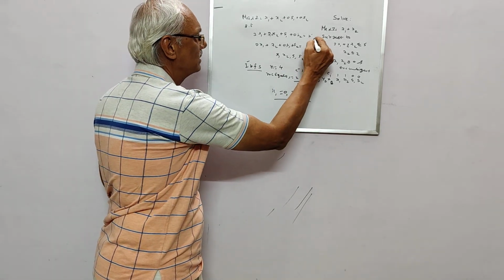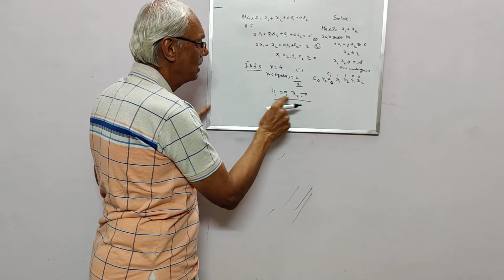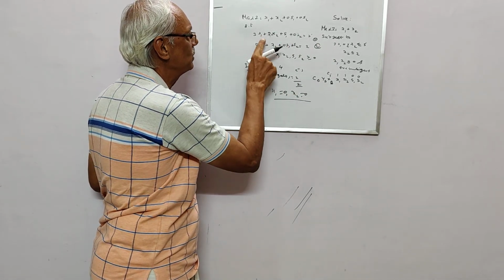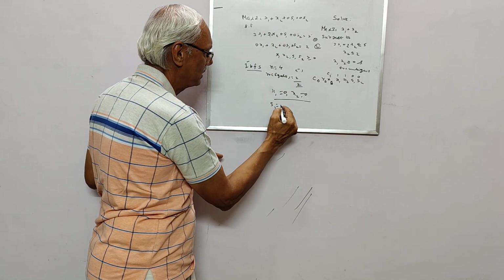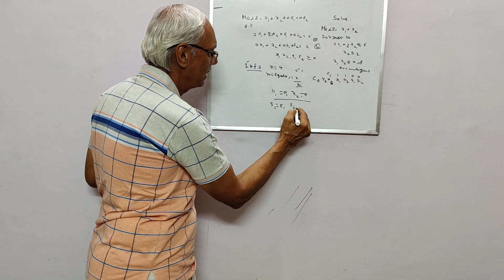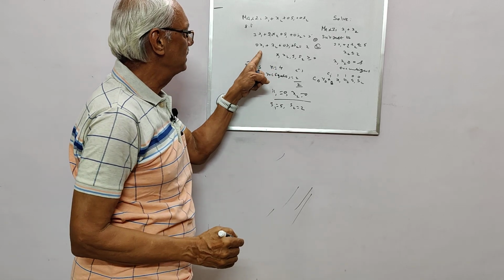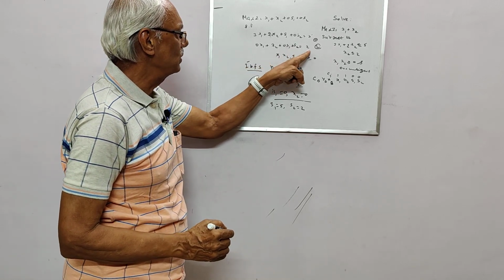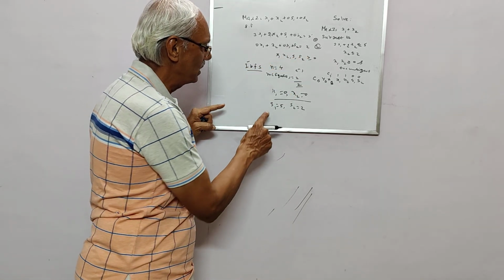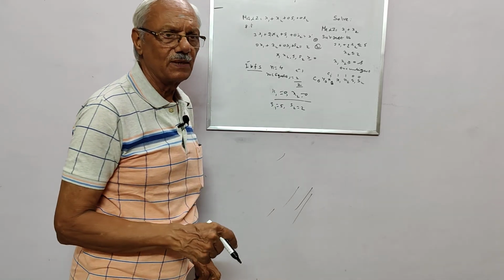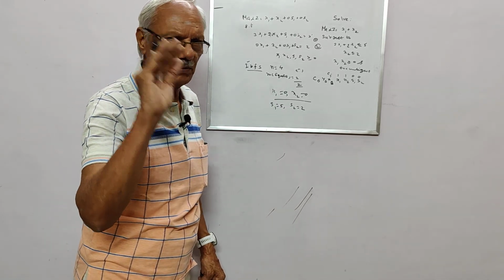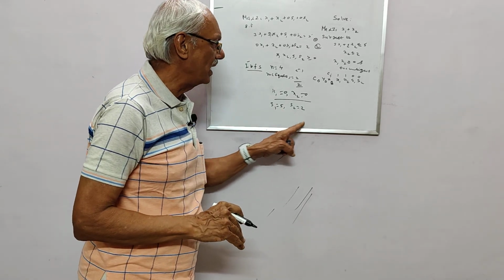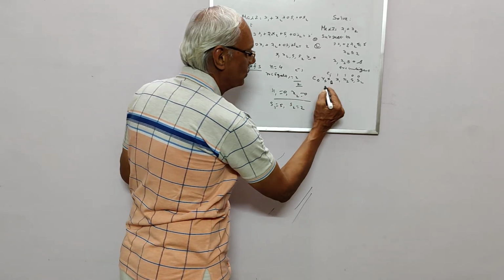So you call this your equation 1, call this your equation 2. Put x1 is equal to 0, x2 is equal to 0. This is 0, this is 0. So your s1 is equal to 5, and you get s2 is equal to 2. So these s1, s2 are called the basis. It is called the basic solution, basic variables, and the solutions are 5 and 2. This is what I am going to write here.